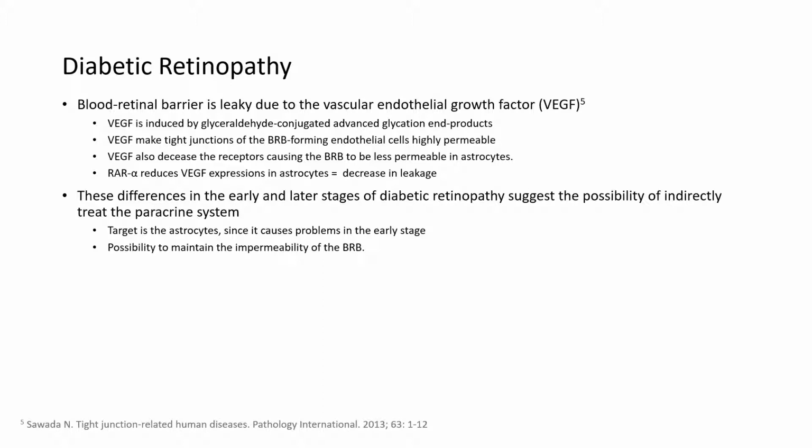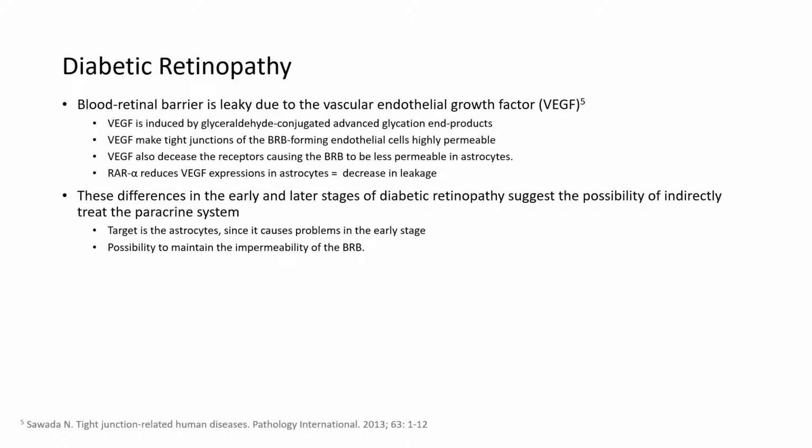And so these growth factors basically make the tight junctions highly permeable, but they can also cause the receptors to disease that can cause these barriers to be less permeable in astrocytes.